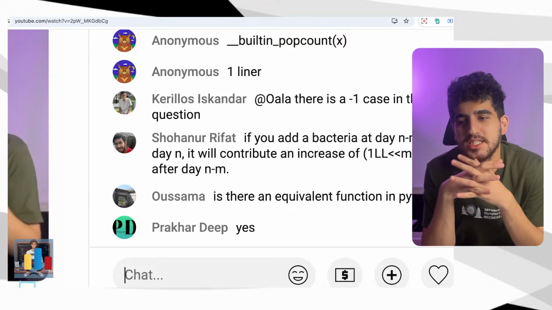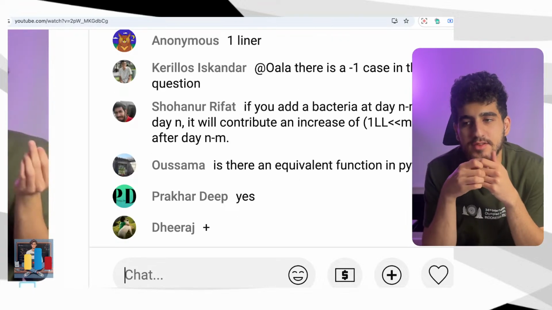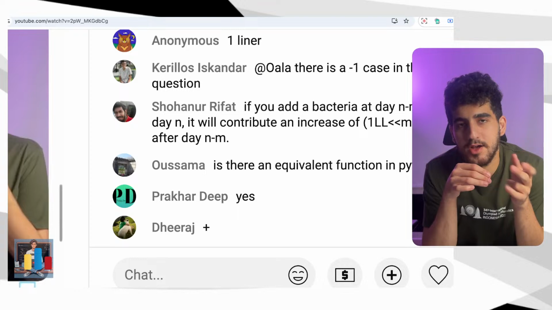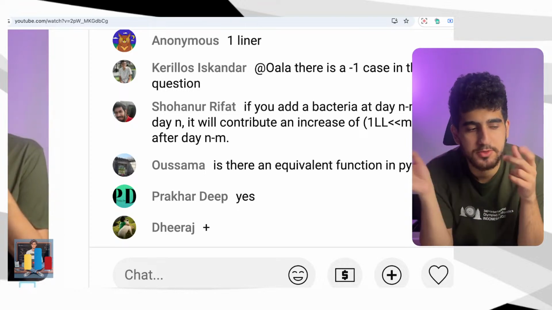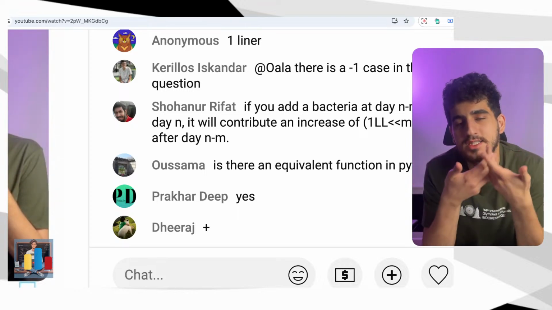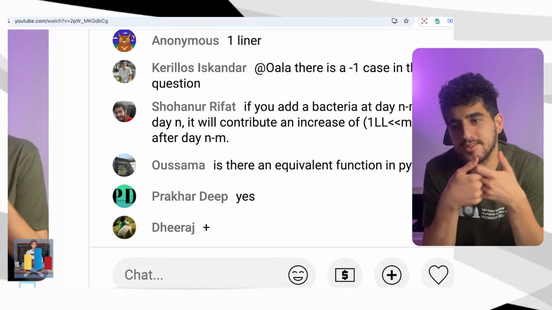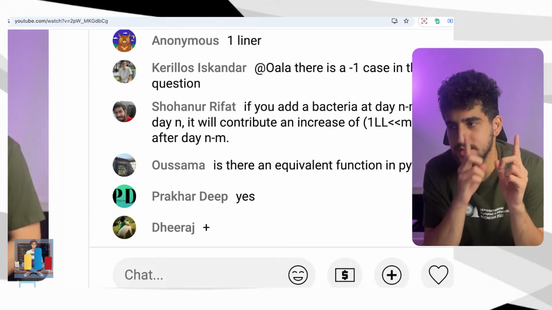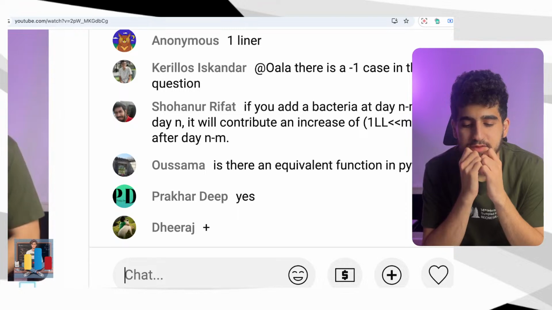So the question asks that if we have a sum of several powers of 2, what is the minimum number of these numbers that we can sum up to make x? And it's always best to use those bits that are 1 in the binary representation of your number.